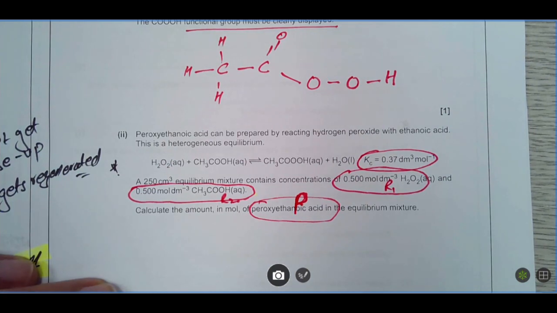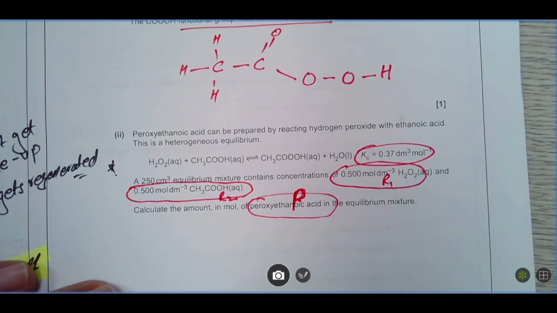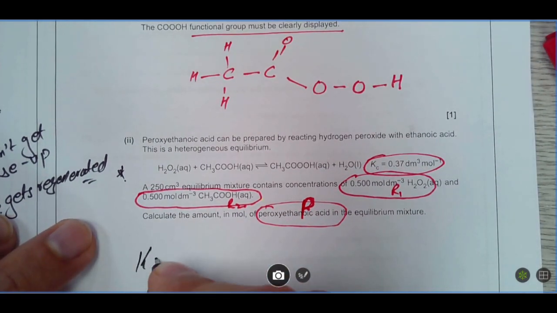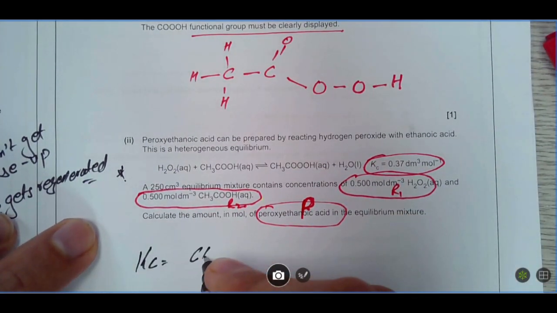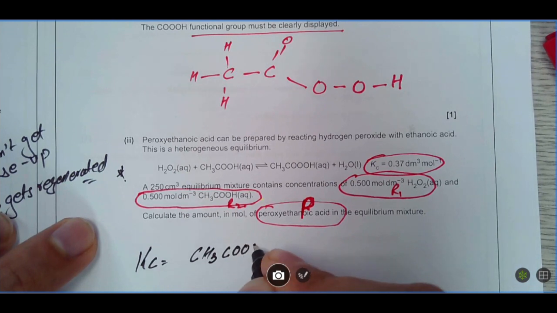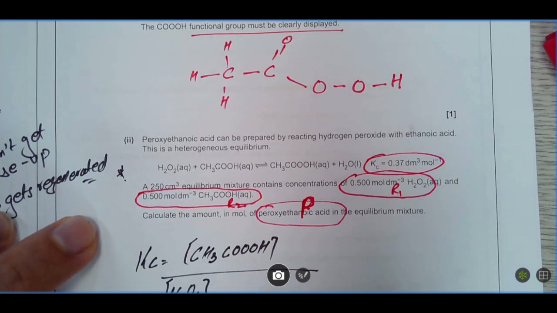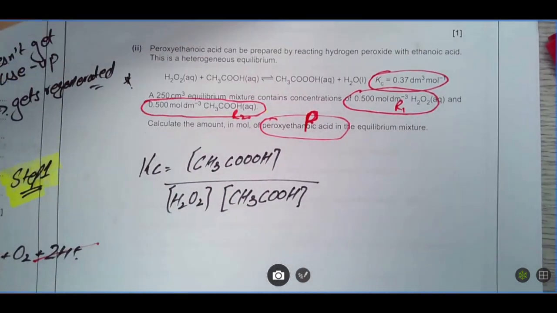in the equilibrium mixture. Now what will I write down as my Kc equation for it? My Kc equation will be equal to the concentration of the product CH3C≡OH over H2O2 and CH3COOH. Why did I not include water in this case?